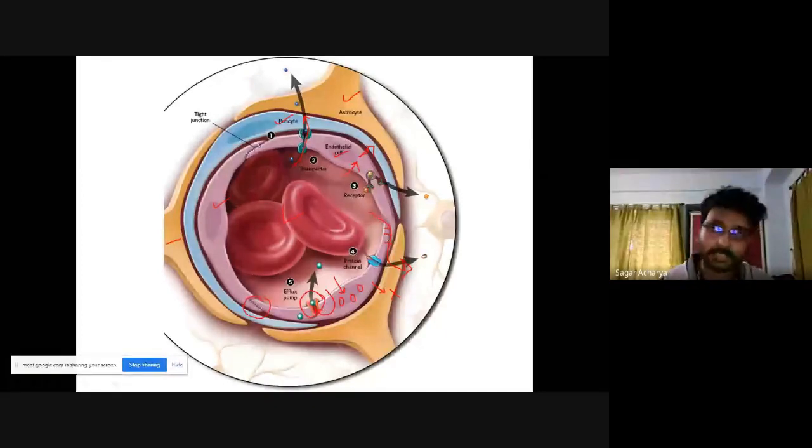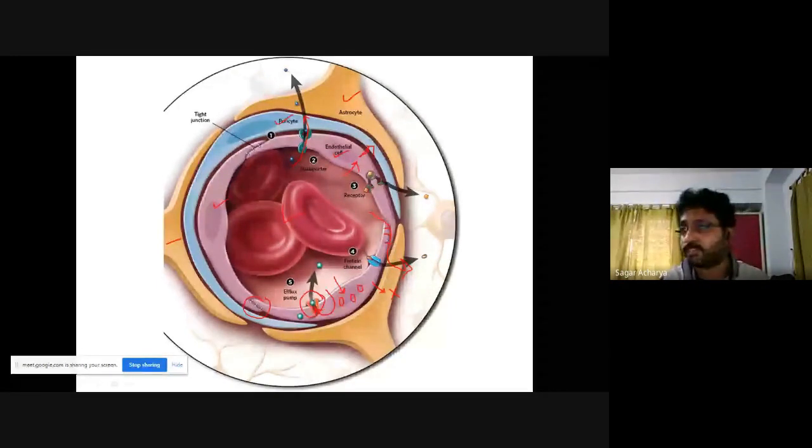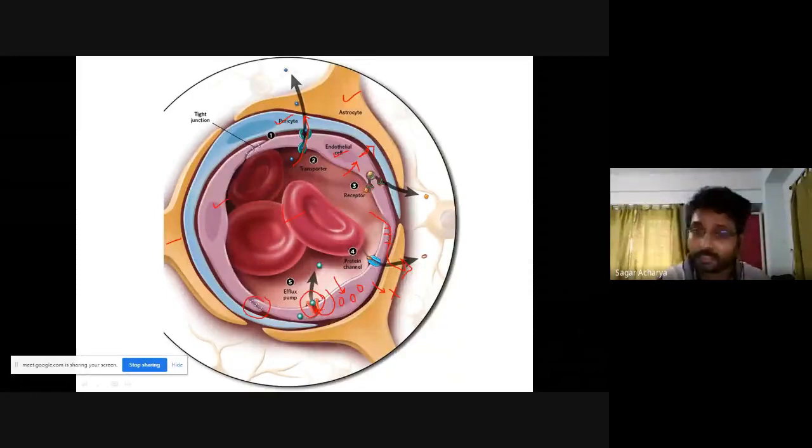But another thing is that this has another implication, because most of the drugs that act on the central nervous system are also targeted by these efflux barriers. When those drugs come to the endothelial cell, they just go out of the endothelial cells by the efflux barrier. These efflux barriers utilize ATP because they work against the concentration gradient, since within the blood there is a huge concentration of those lipophilic molecules.